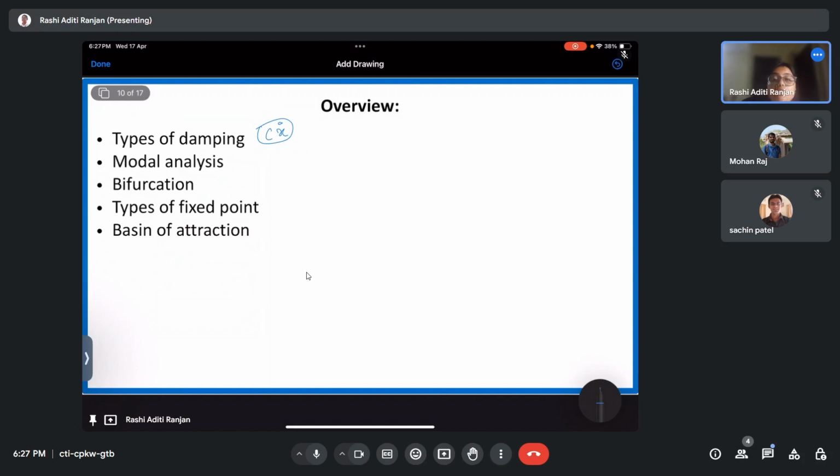Like in the case of supercritical, we had one branch which was stable, and after the bifurcation, we had three branches, out of which the previous branch which extended became unstable, and two new branches became stable. And the opposite was seen in the subcritical pitchfork bifurcation.